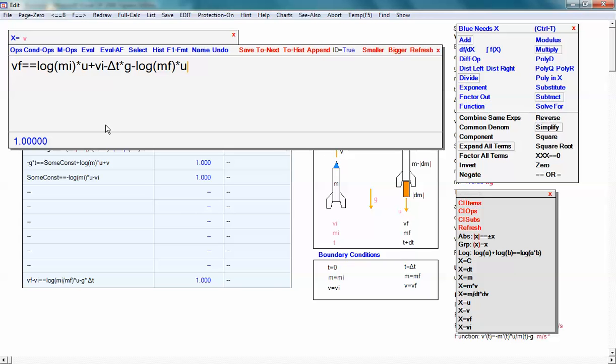Now let's rearrange this. So remember where we're heading. We're heading down here. This is the formula we want to end up with. So we got all our pieces, we just got to rearrange them a little bit. And in particular, this vi, we want to put that on the other side. So I put that in my auxiliary slot, and I subtract it from both sides.